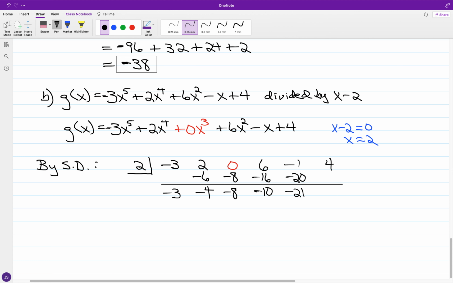For the last part, 2 times negative 21 is negative 42, and 4 minus 42 comes out to negative 38.